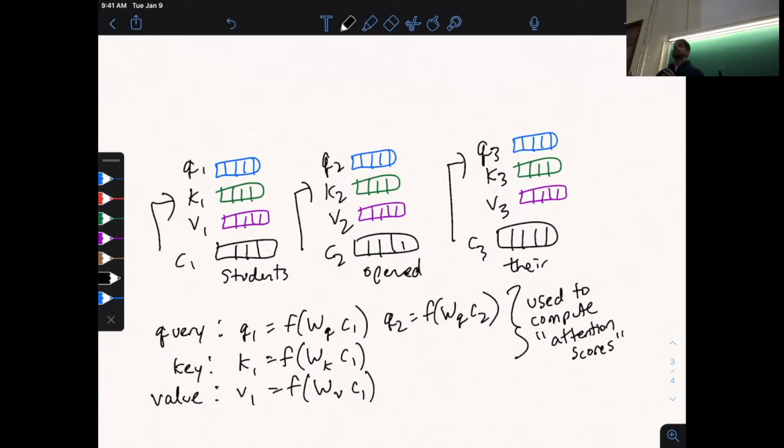So intuitively, an attention score tells you how important is this word to predicting the next word at the end of this prefix. So some words like "the" are probably not very informative when it comes to predicting the next word, whereas in this particular prefix, I really would like to know that "students" is part of the prefix, because that gives a lot of constraints on what could be opened.